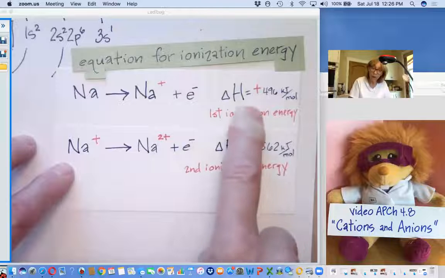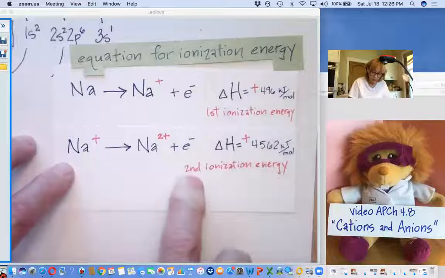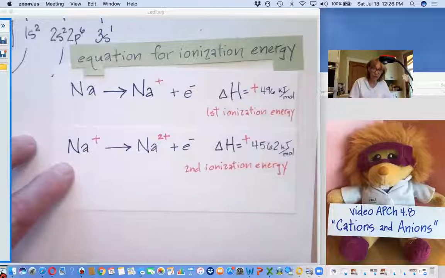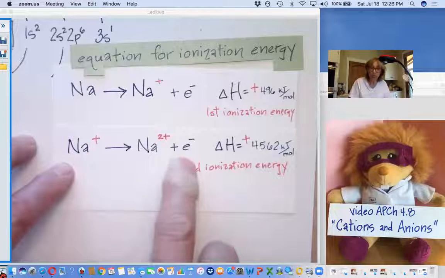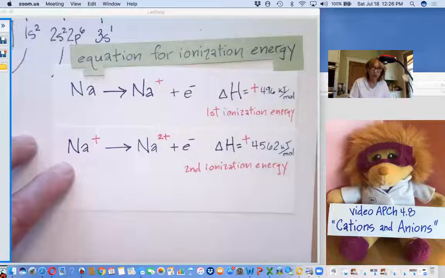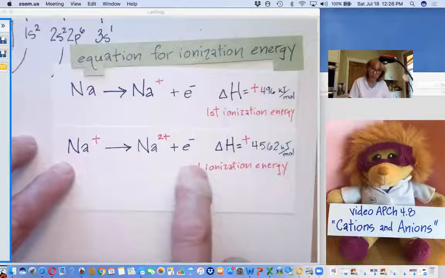And that's always going to be true simply because the Coulombic attraction gets stronger and stronger as you remove electrons. That proton to electron ratio, that charge ratio, keeps getting bigger, so the force of attraction gets stronger.